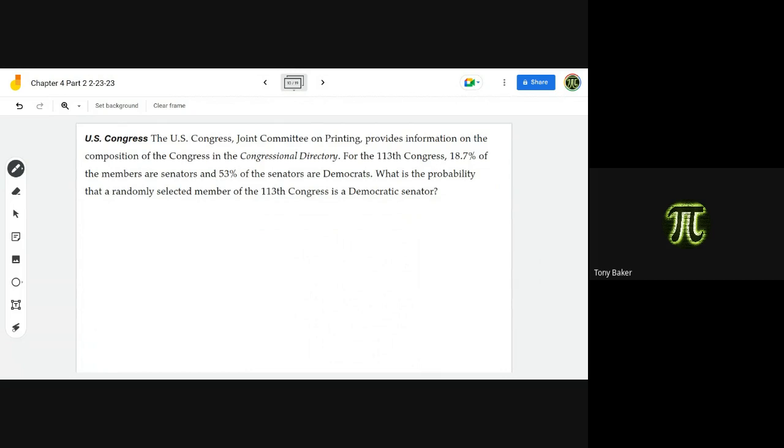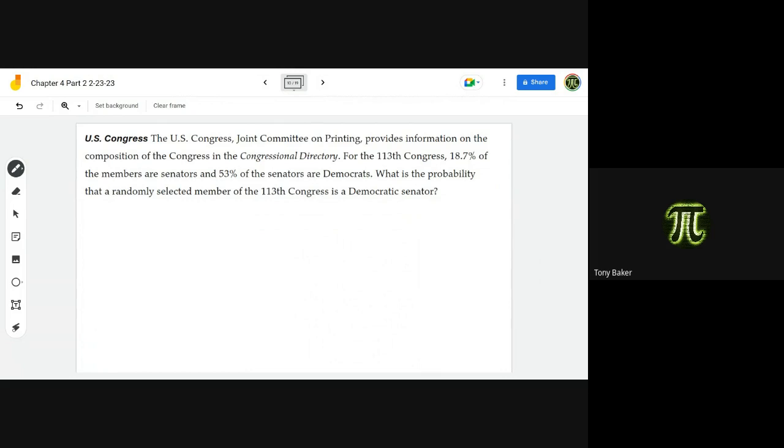All right. So U.S. Congress, this is the 113th Congress. I think we're on 119 now. 118th.